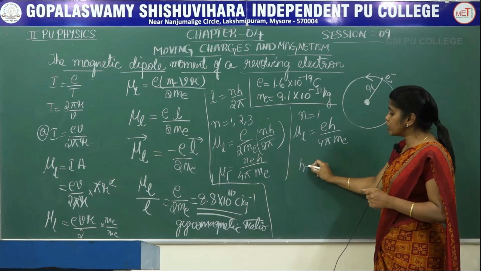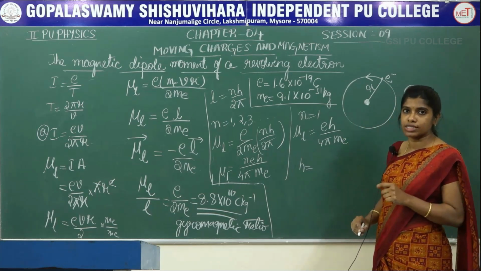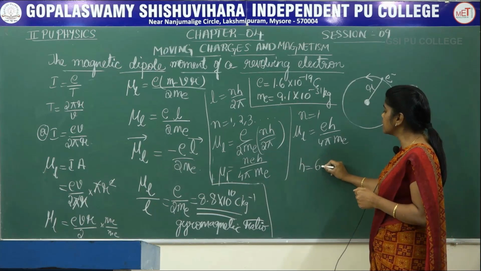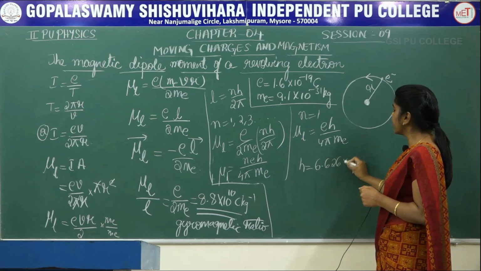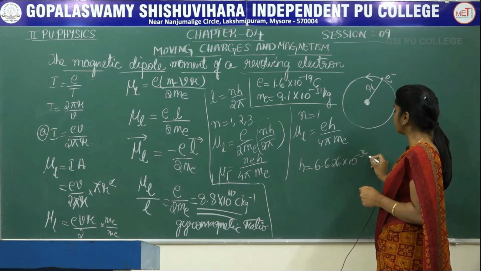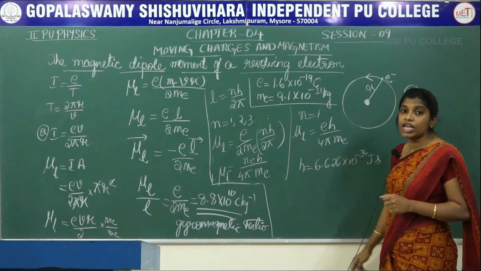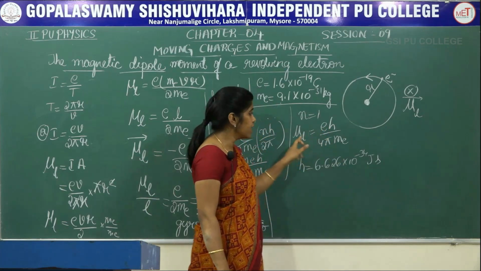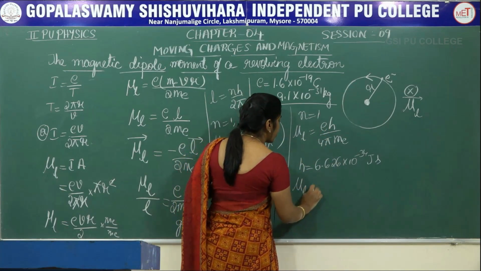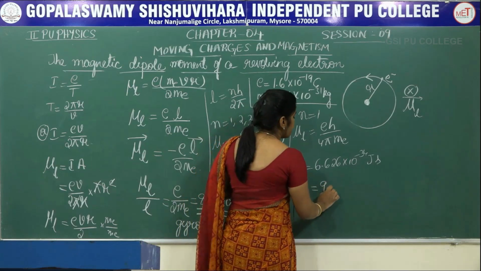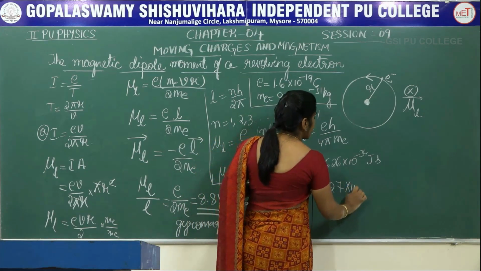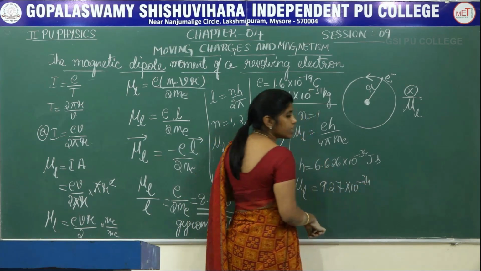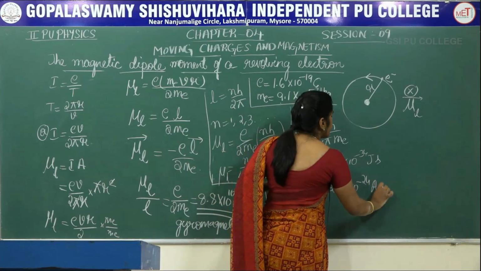The value of h is the Planck's constant, 6.626 into 10 power minus 34 joule second. If you substitute the values of h, e and me, this mu L is found to be equal to 9.27 into 10 power minus 24 ampere meter square.